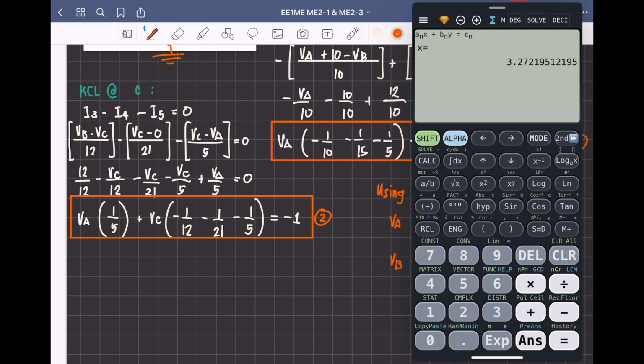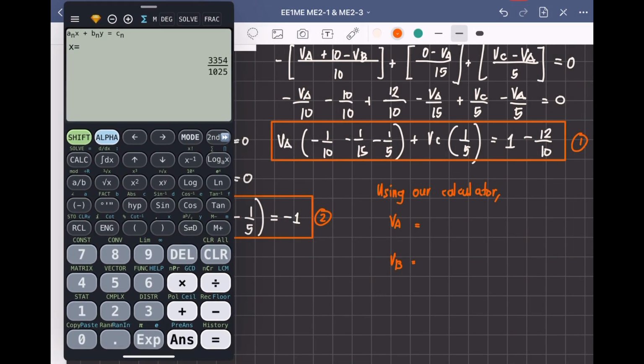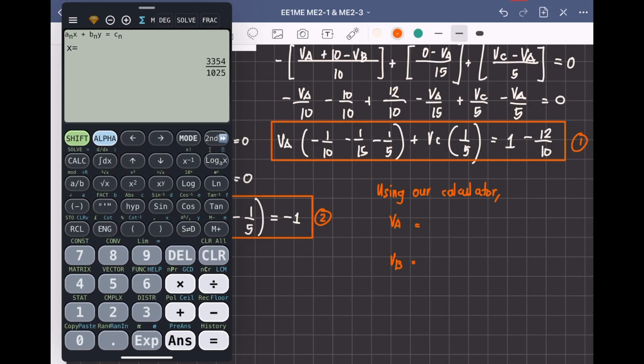Press equals. So you have VA, which is, let's check, it can be a fraction. So always choose to present your answers in fractions, so it's not difficult for us to store them again. And we still retain the exact quantities. So this is in volts.